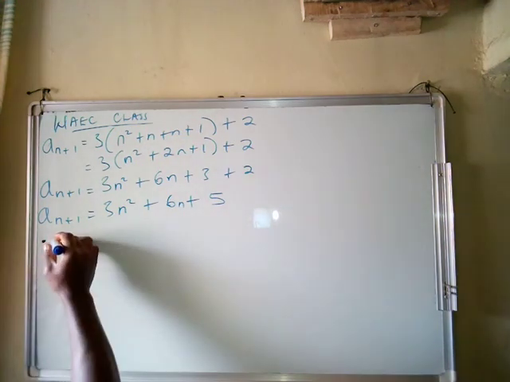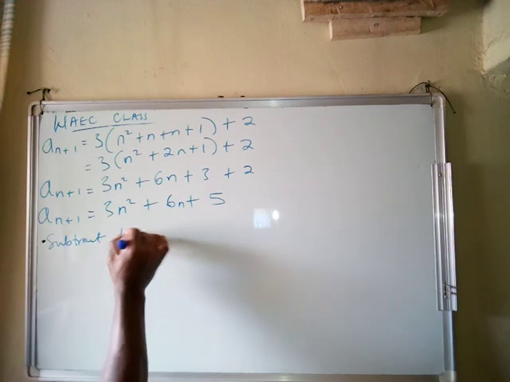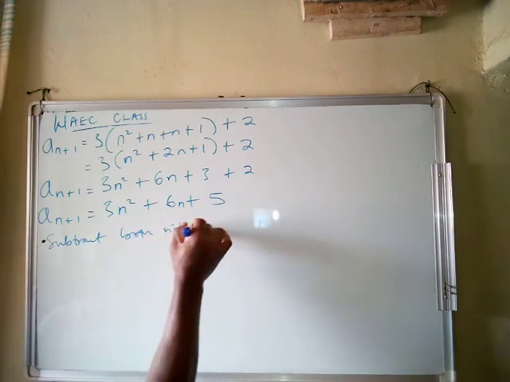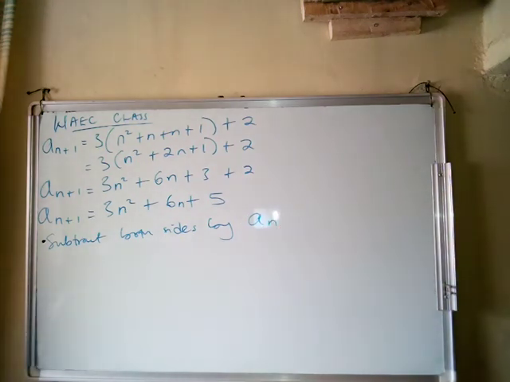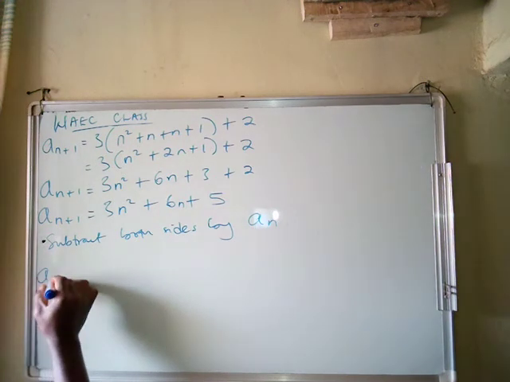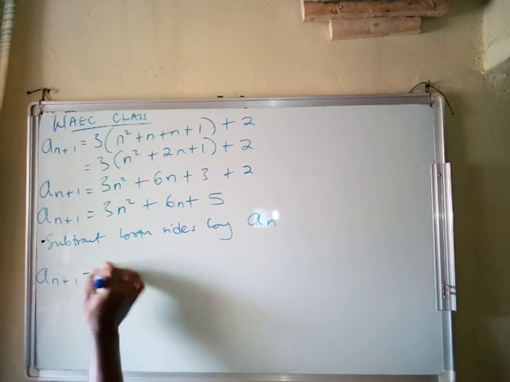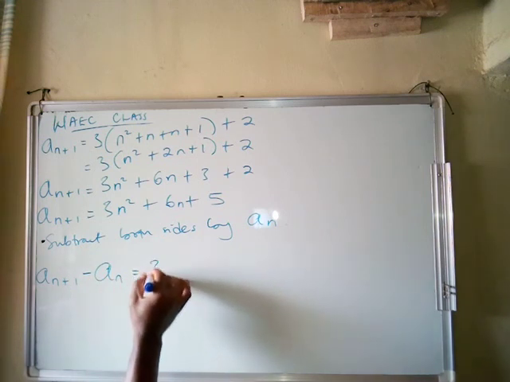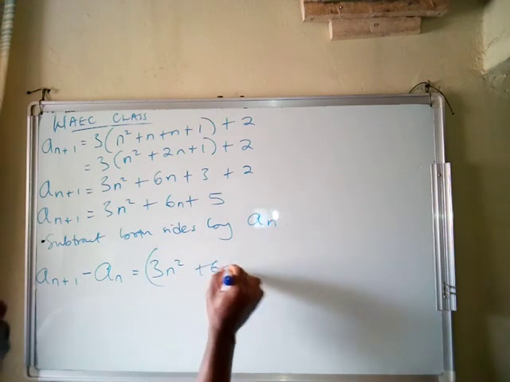According to the formula we have, we need to subtract both sides by a_n. So that will give us a_(n+1) minus a_n is equal to 3n squared plus 6n plus 5.